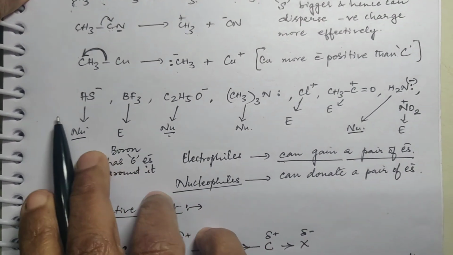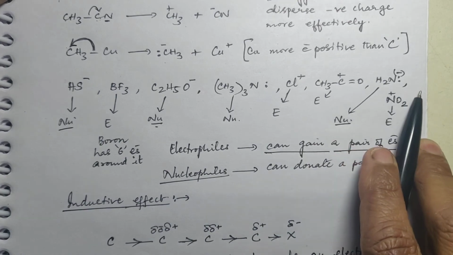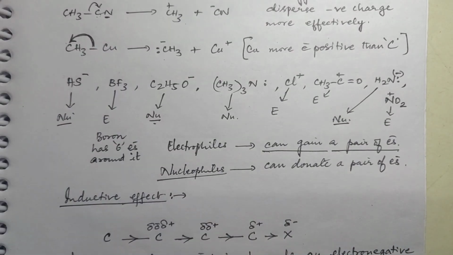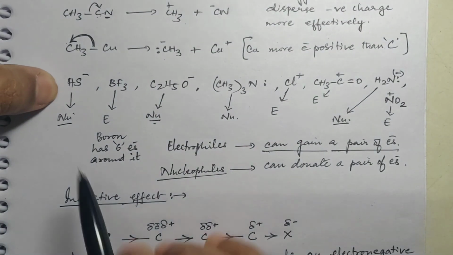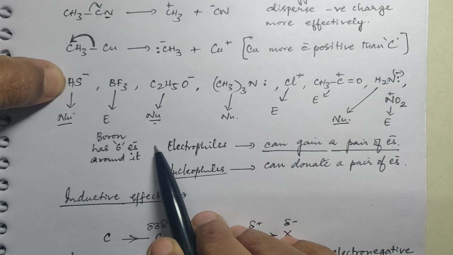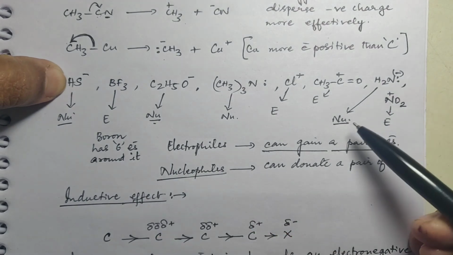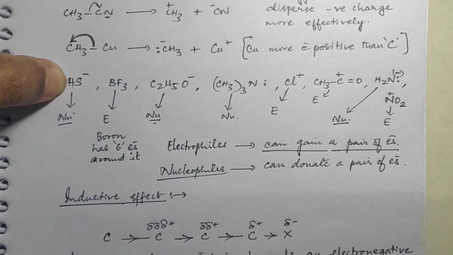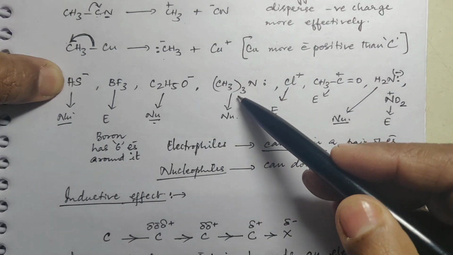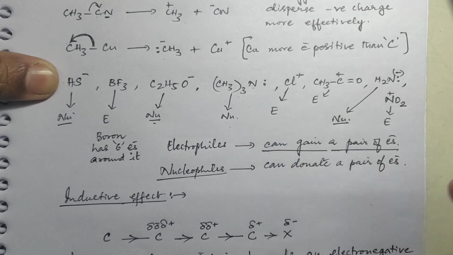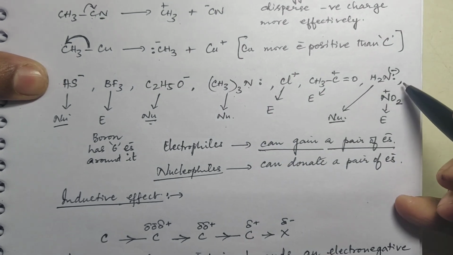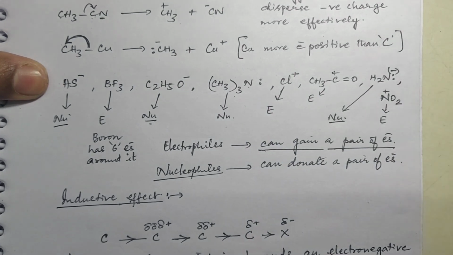Now, supposing you are given these species and you are asked to identify which is an electrophile and which is a nucleophile. Now all negatively charged species are obviously nucleophiles. So this is a nucleophile, this is a nucleophile, then this is a nucleophile, right? But apart from this, this is also a nucleophile. Why? Because a lone pair of electrons is there on nitrogen. Again, there is already a negative charge here.